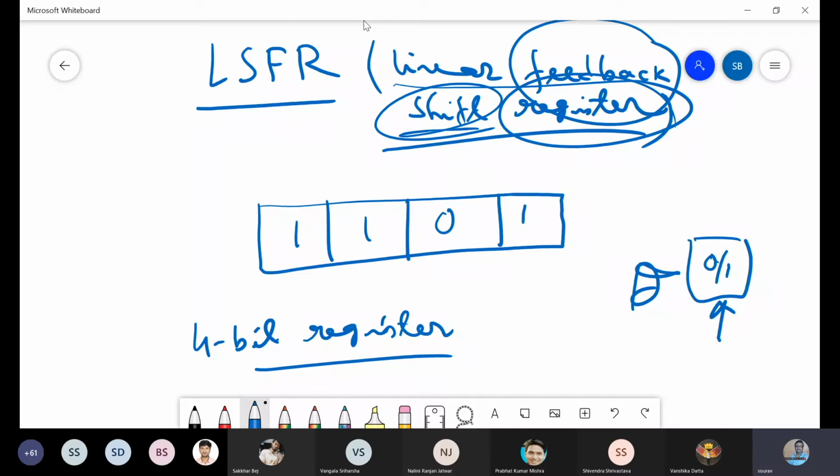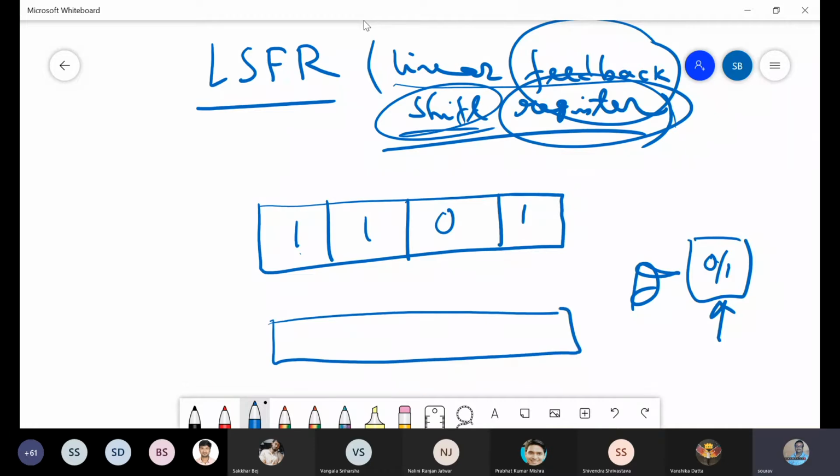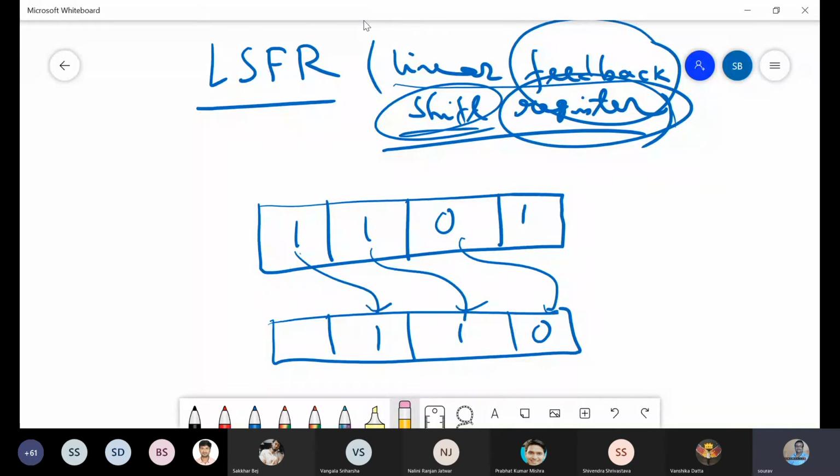In the next clocking when we shift, this one will come here, this one here, this 0 here, and this one will go out.